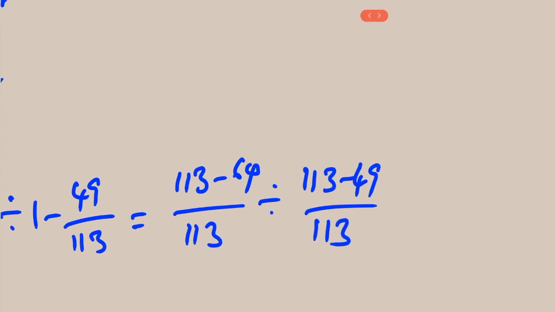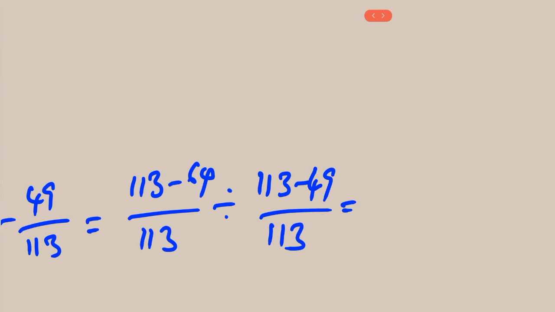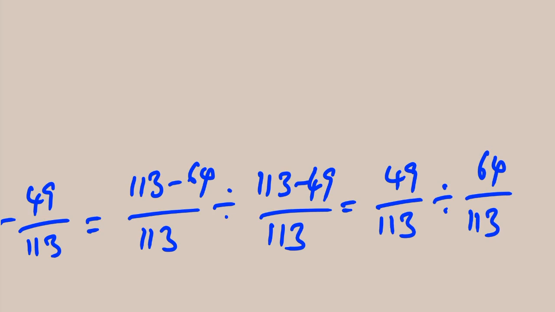After this, if I subtract, 113 minus 64 is 49 by 113, divided by 113 minus 49, which is 64 by 113.